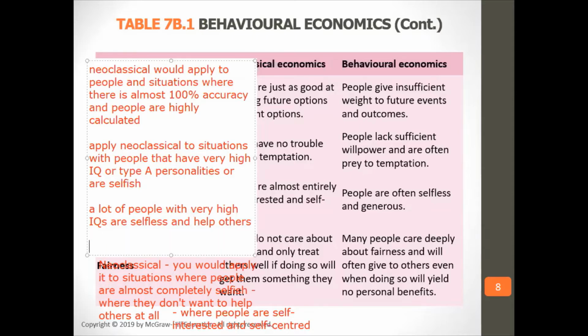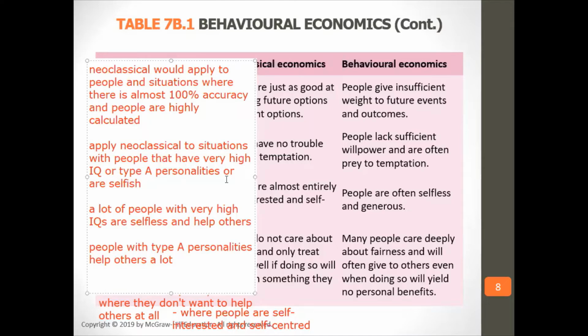And then people with type A personalities help others a lot. But you can apply neoclassical to both and behavioral at the same time. Those are potential situations where you could apply neoclassical.